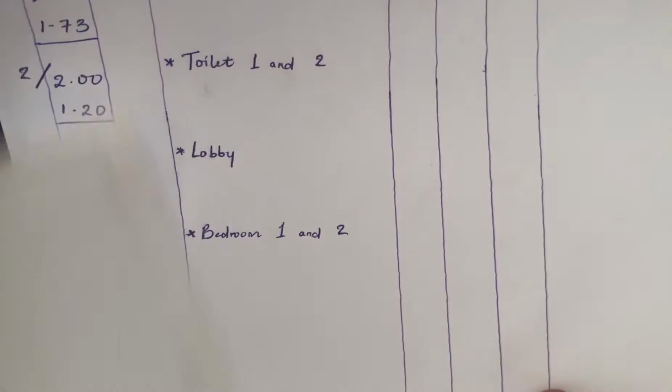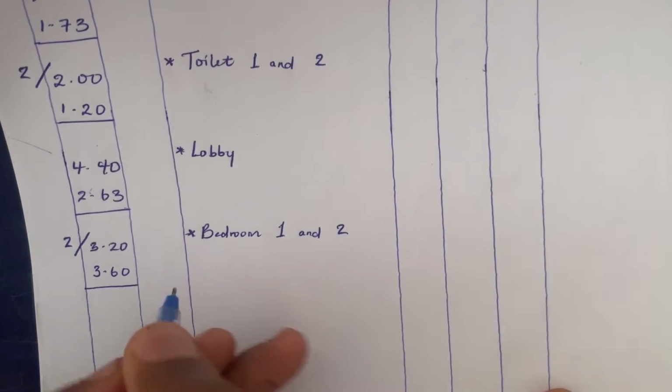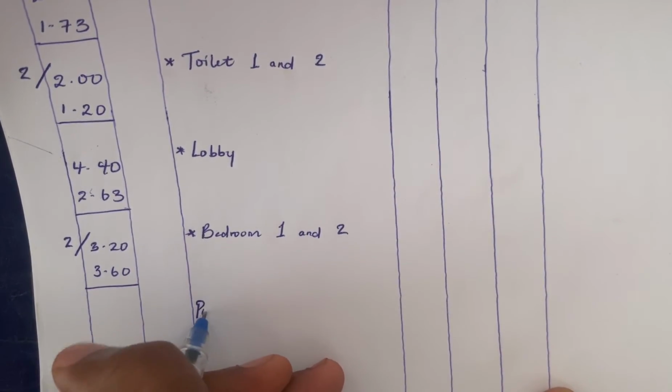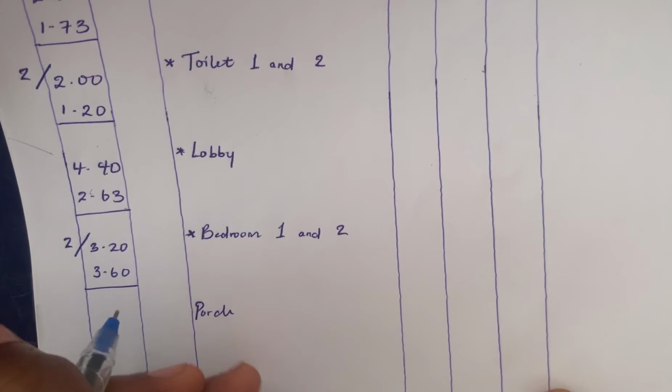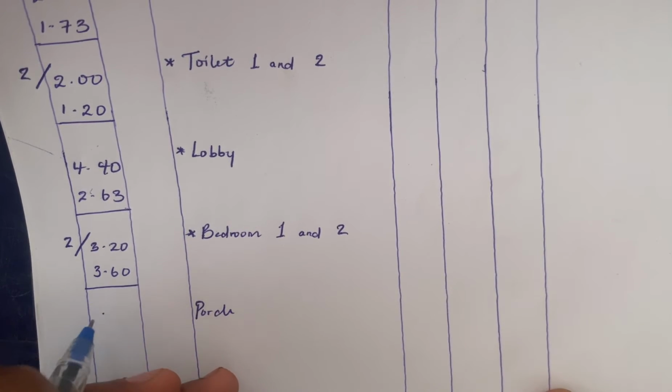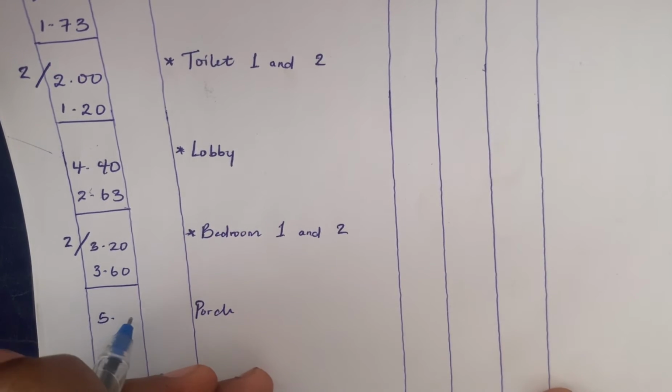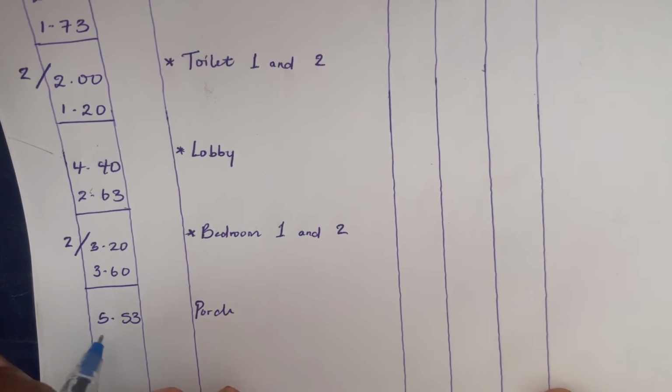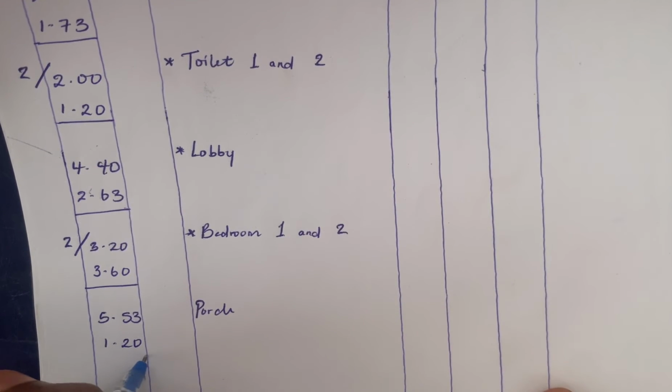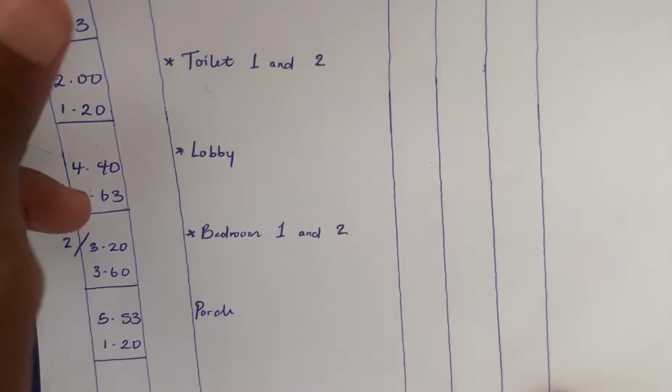So we will book 5,525 divided by 1,000 gives 5.53 in 2 decimal places, by 1.20, which is the width, and then we close. Doing this, we've booked for the porch.